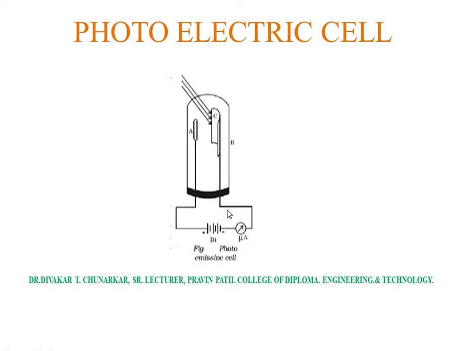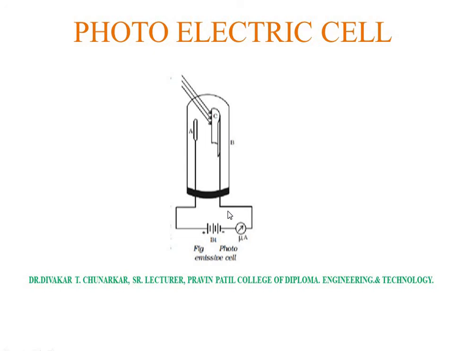Now, applications of the photoelectric cell. When light falls on the photocell, it turns on, and when the intensity of light increases, the photoelectric current increases. Second, it is used in the lux meter to measure the intensity of light.